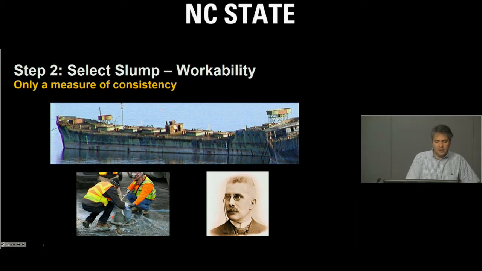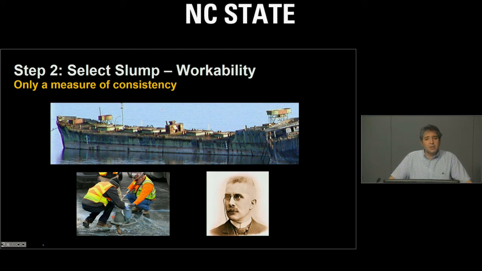Now, the relationship of this ship to the slump is that during World War II there was a severe shortage of steel. And people started to make ships out of concrete. And that was when the measurement of slump was created.